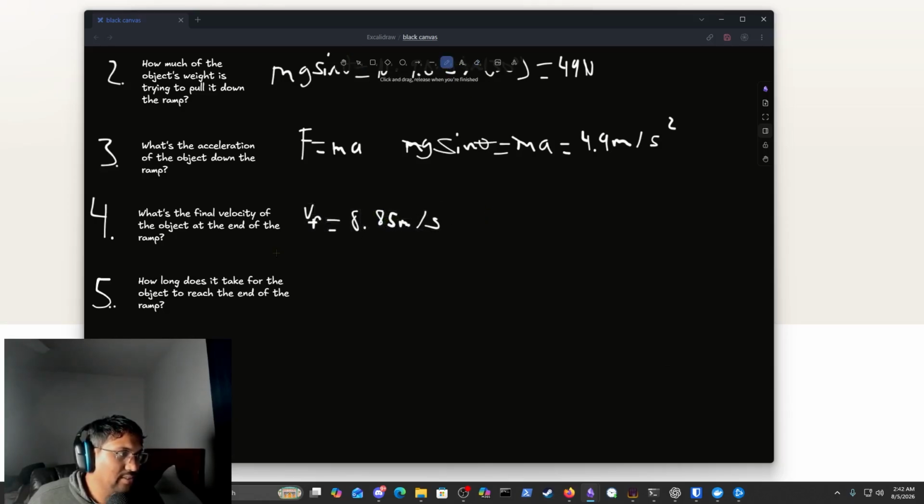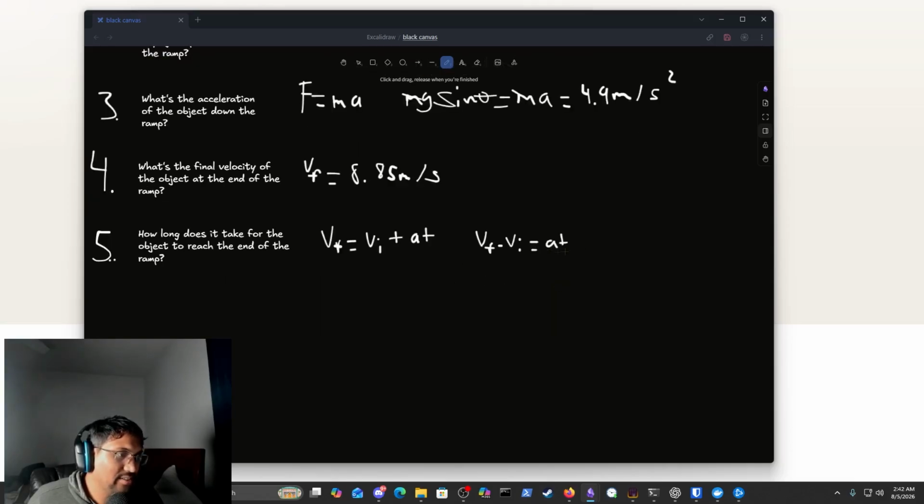Now that we have the final velocity, can't we find the time? How long does it take for the object to reach the end of the ramp? We can just use velocity as a function of time. We know vf equals v initial plus acceleration times time. We should first isolate this for time, which I think is a lot simpler. So vf minus vi equals at, then get rid of the a, so vf minus vi over a equals t.